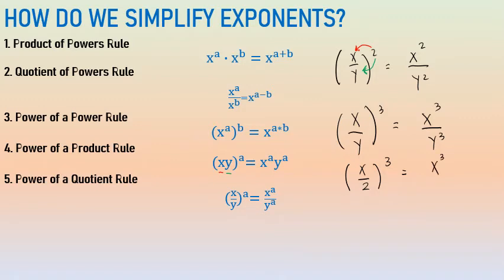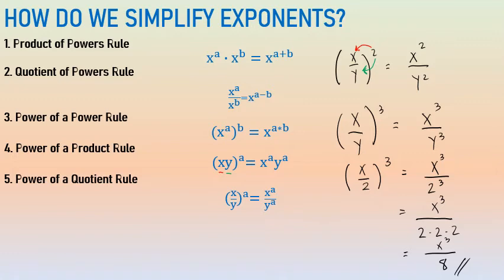So x cube over 2 cube. Or we can simplify this one. X cube over 2 cube means 2 times 2 times 2. So that will be x cube over 2 times 2 is 4, multiplied by another 2, 8. So x cube over 8.